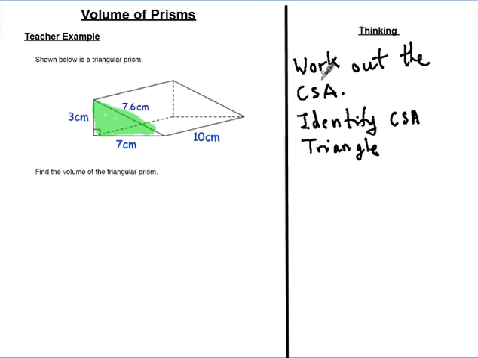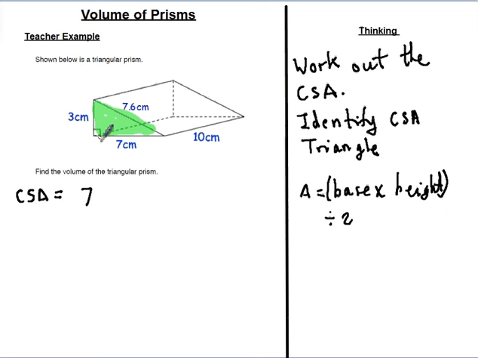So to work out the area of a triangle, it's always the base times by its height, and then that answer we divide by 2. If we always do that, we always get the area of my triangle.